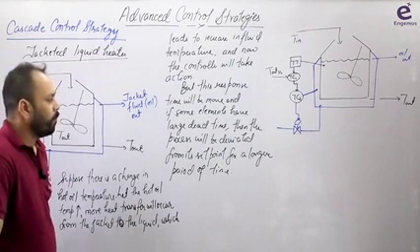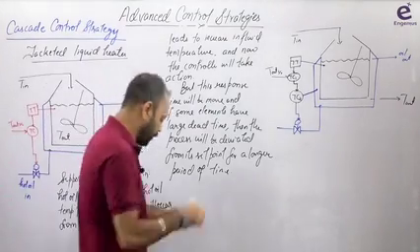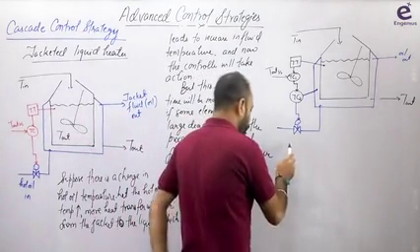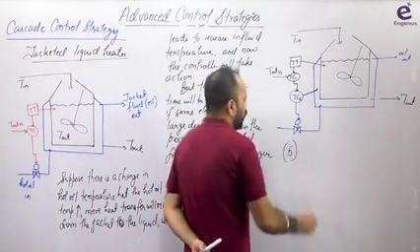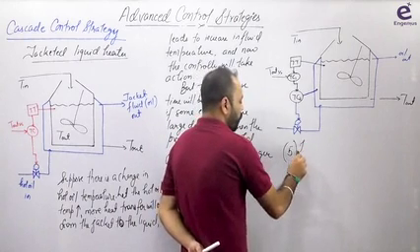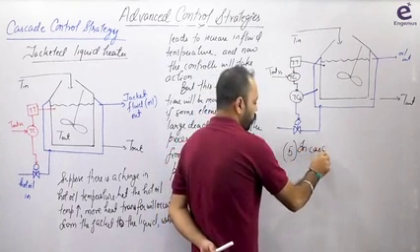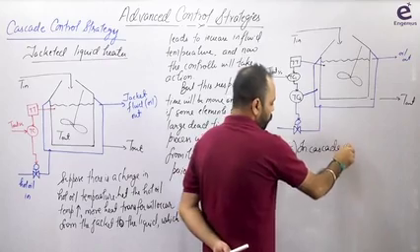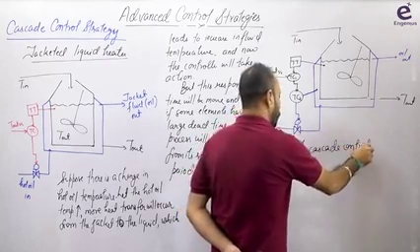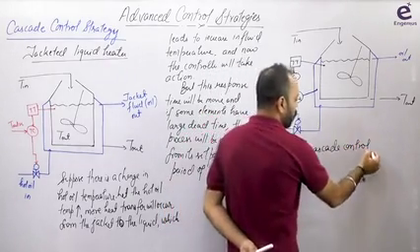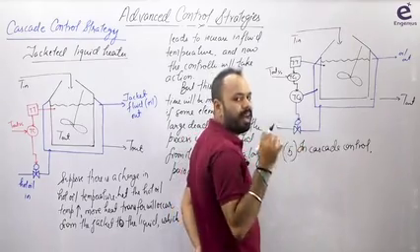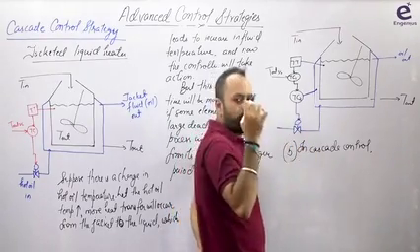What are the main features of this? From this diagram, what you understand is the fifth point. What is the fifth point? In cascade control, see, TC1 is the master controller or primary controller or the boss.